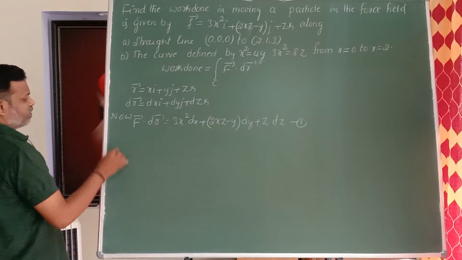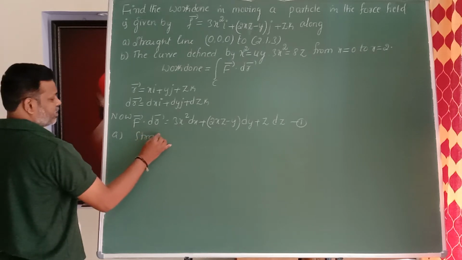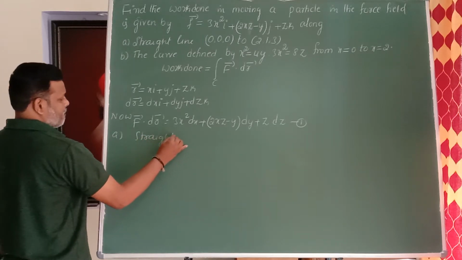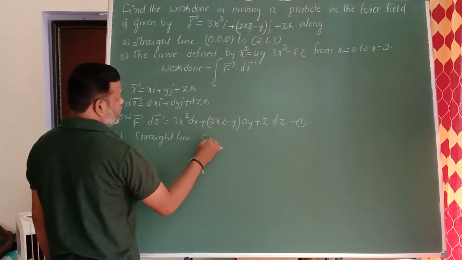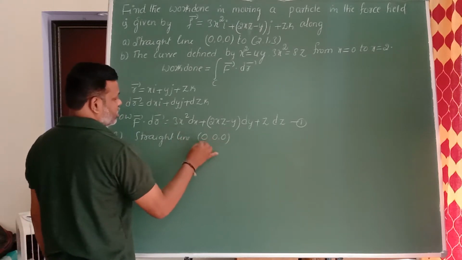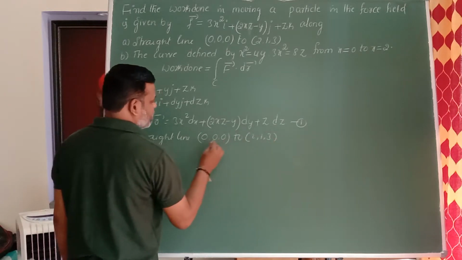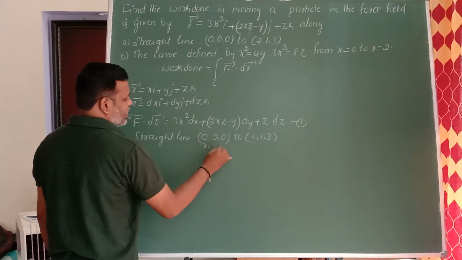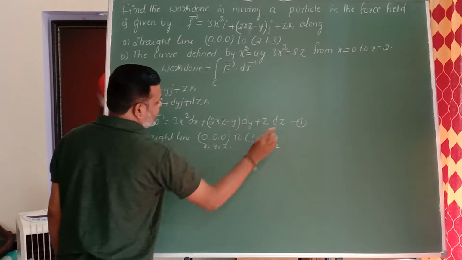Okay, now the first option is a straight line. Have a look at this. A straight line through 0, 0, 0 and 2, 1, 3. As we know, this can be taken as x1, y1, z1, since it is three dimensional, and x2, y2, z2.